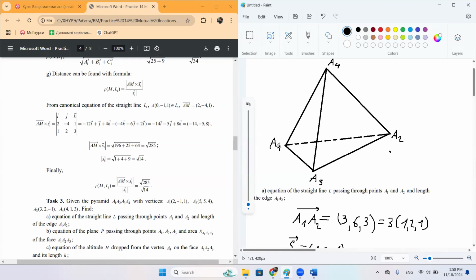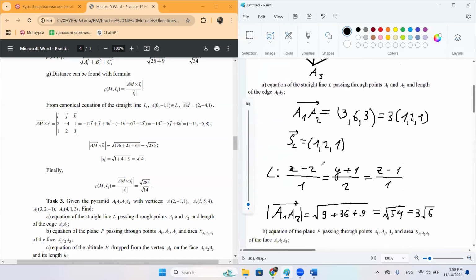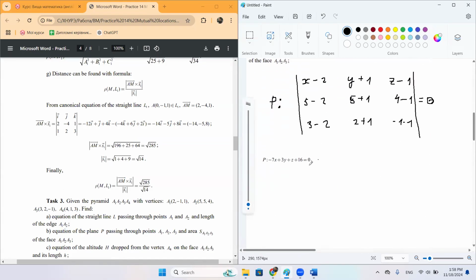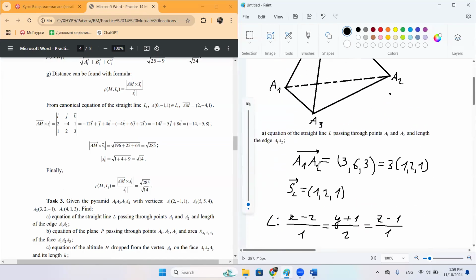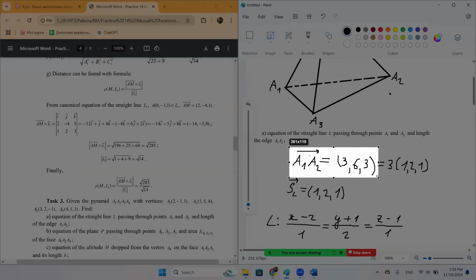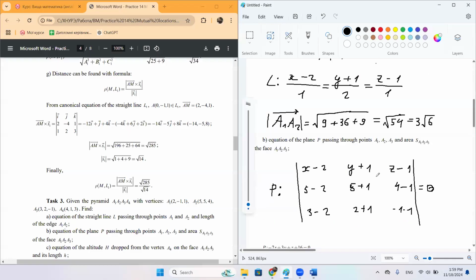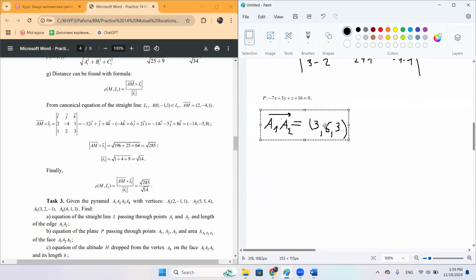Yeah, the cross product of A1A2 and A1A3. By the way, not the vector product itself, but half of the magnitude of the vector product.